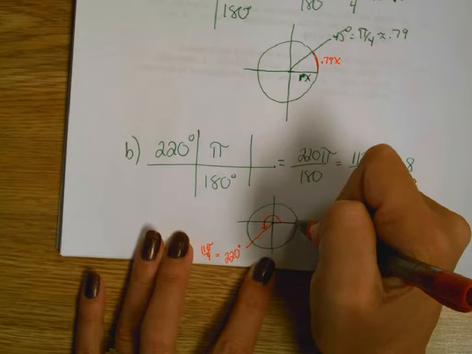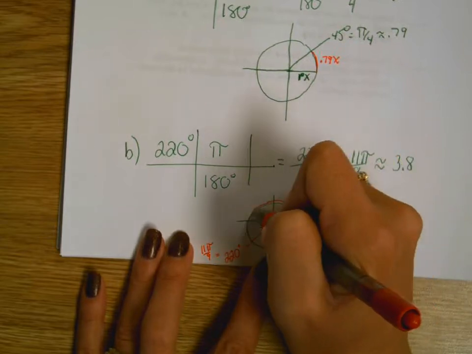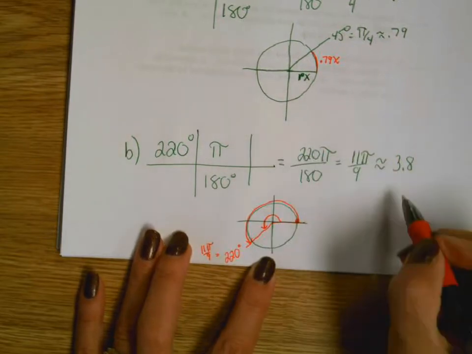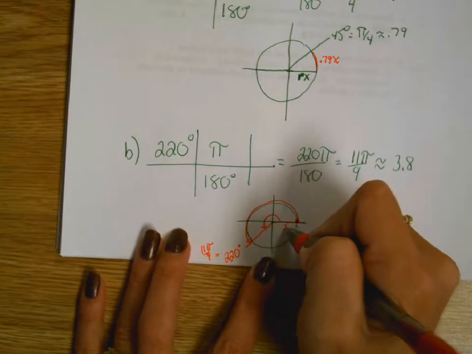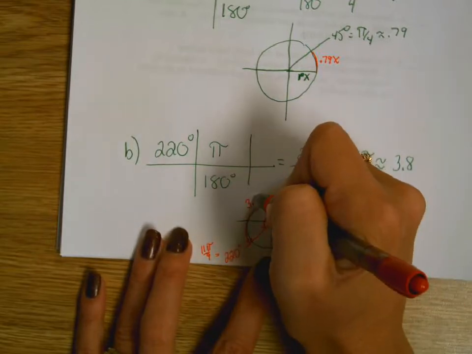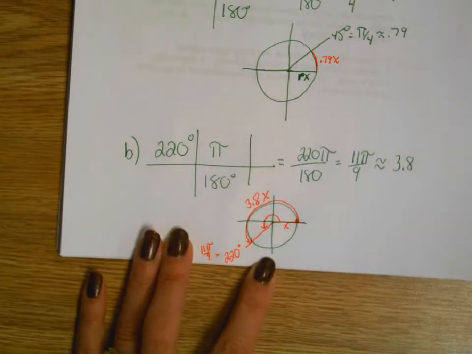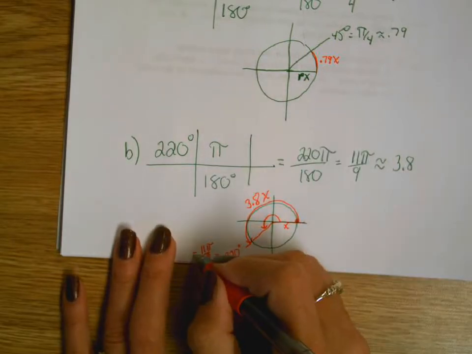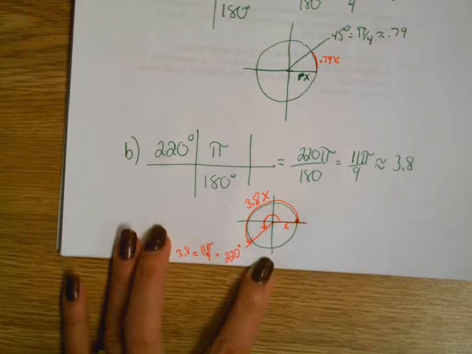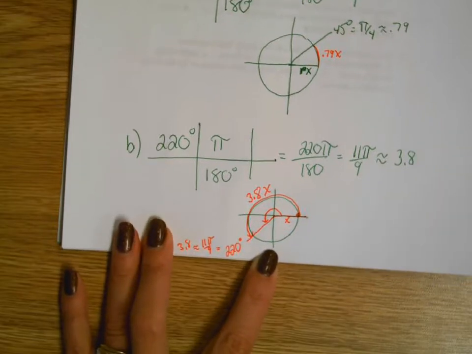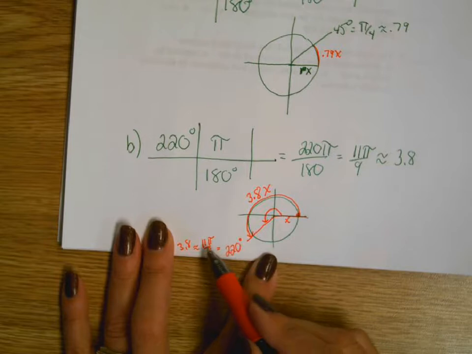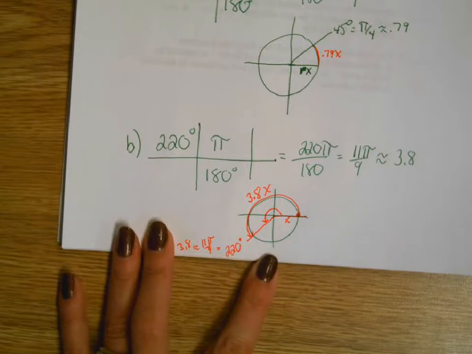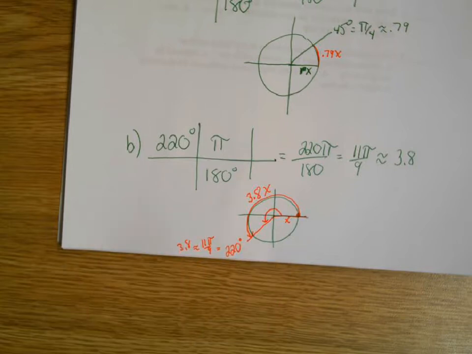It's representing an arc length of about 3.8 radius length. So 220 degrees, 11pi/9, and about 3.8 are all marking the exact same spot on the unit circle. So are you good with going from degrees to radians?